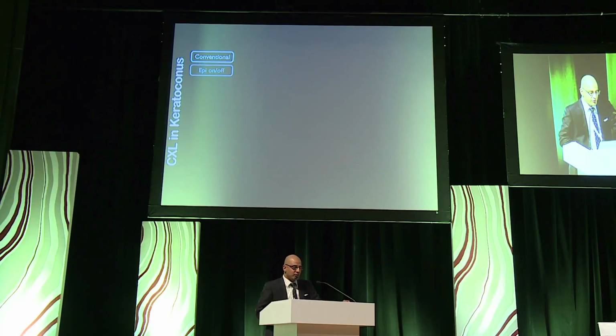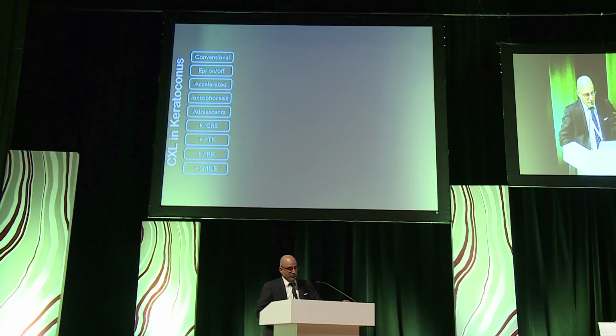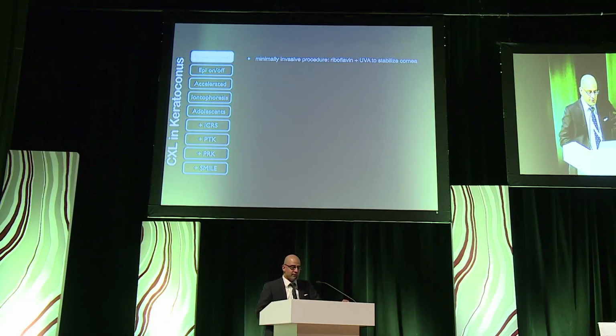We hear about conventional treatments, epi-on and epi-off, accelerated treatments, iontophoresis, how to treat kids and adolescents, and then this whole area of cross-linking plus, where you combine ring segments, PTK, PRK, and SMILE procedures with the cross-linking procedure itself. Because this is geared towards the trainee level, we're going to go through each of these and give an idea of what's happening as of 2016, 2017.